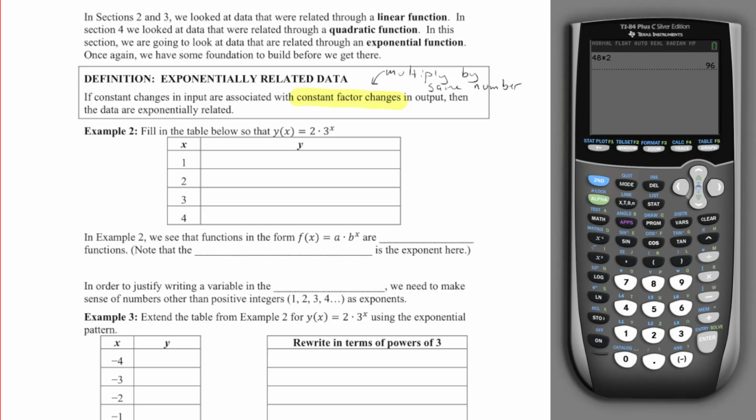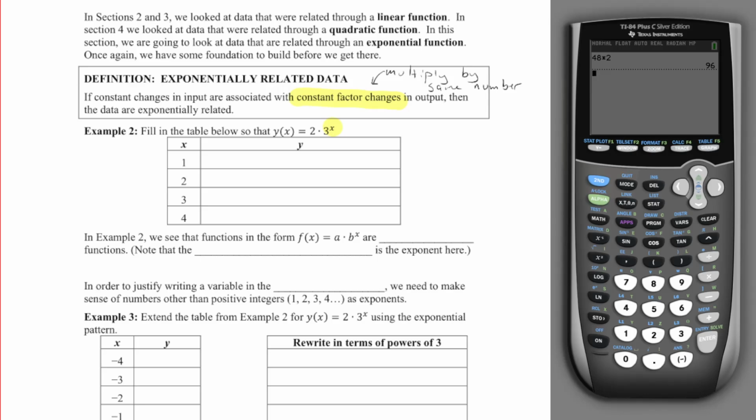So a constant change in the input is associated with a constant factor change in the output. We're looking at an exponential relationship. Why is it called an exponential relationship? Well, in example 2 here, we see a variable in the exponent.